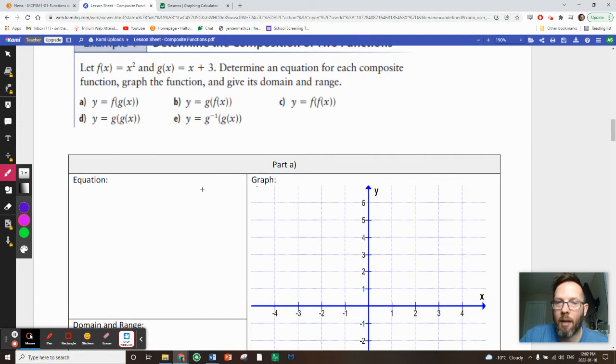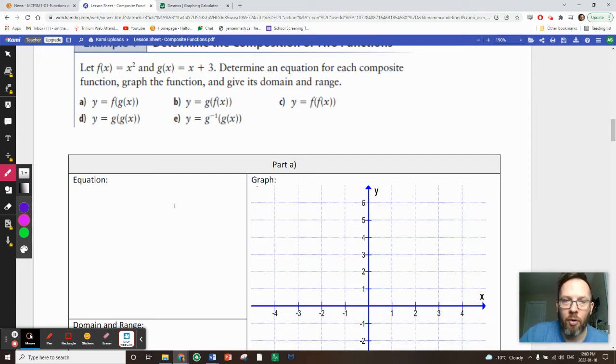So let's dive in. In each one, we're going to graph the final result and talk about domain and range. What you're going to see, for the most part, is that the functions we get aren't going to be crazy complicated, and we might see some old friends popping up.